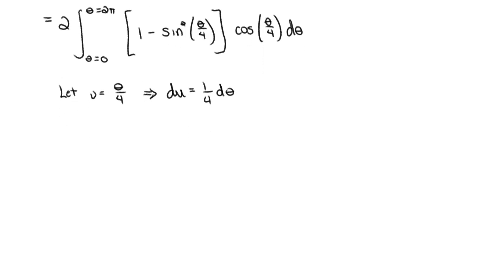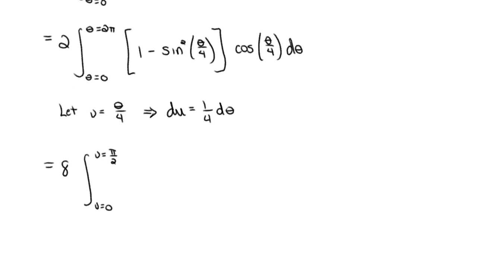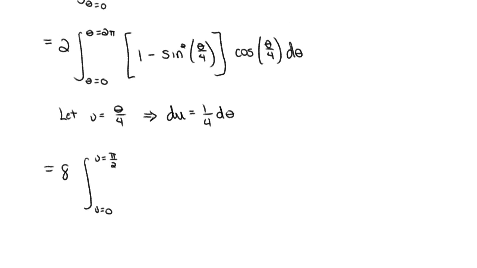So when I do that substitution, I'll get 8 times the integral. When theta is 0, u is 0. When theta is 2 pi, u is pi over 2. And I'm going to actually distribute that cosine through. Remember, that's now a cosine of u, and that's now a sine squared of u.